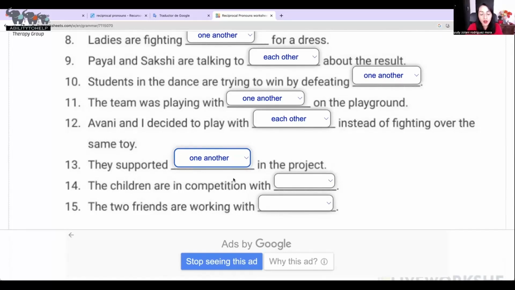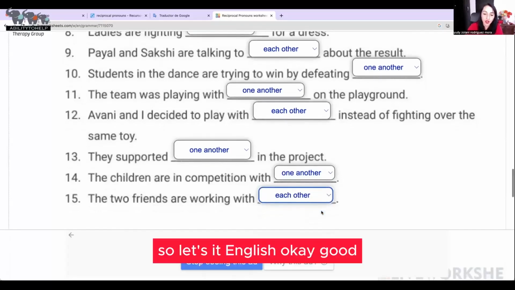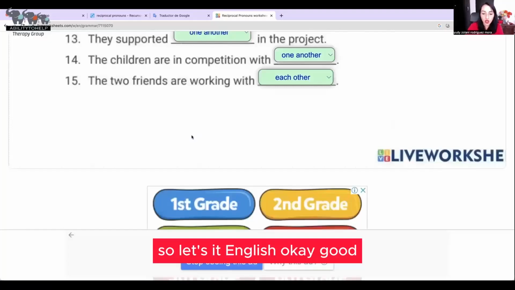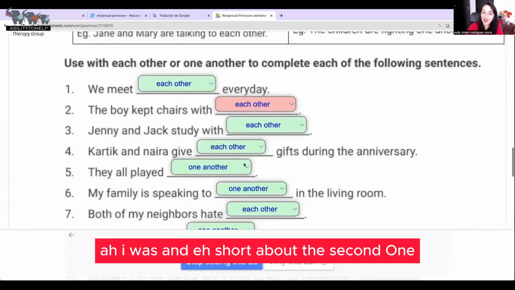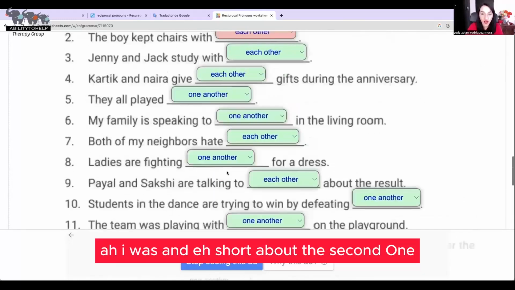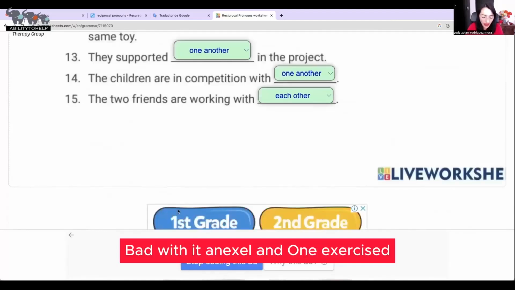The children are in competition with one another because children is a plural noun, and I think there are more than 2. The 2 friends are working with each other because here it is really, really clear, 2 friends. So let's see, finish. Okay, good. The second one, the boy kept chairs. I wasn't sure about the second one, but we did an excellent exercise.